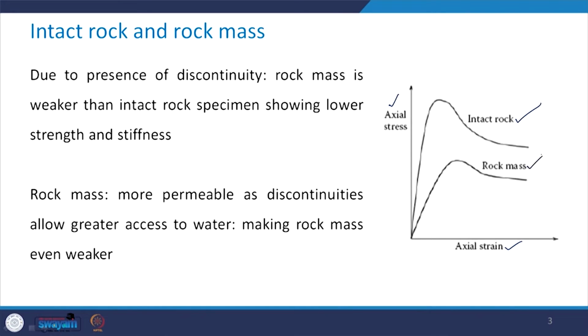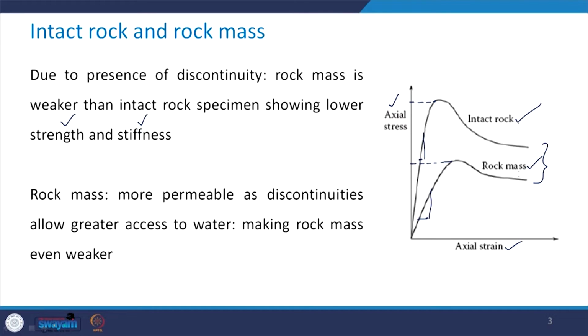And you can see that if you compare these two, the peak strength for the intact rock is somewhere here and for the rock mass it is somewhere here. Similarly, its stiffness, it is like this in case of the intact rock and in case of the rock mass it is like this. So see, it's not only the strength but stiffness also reduces when you compare intact rock with the rock mass.